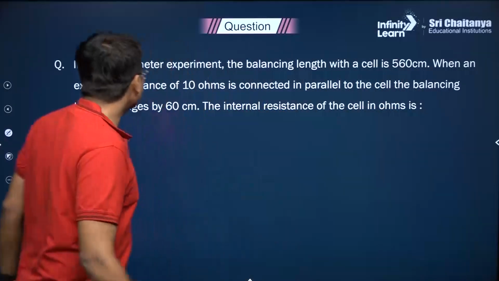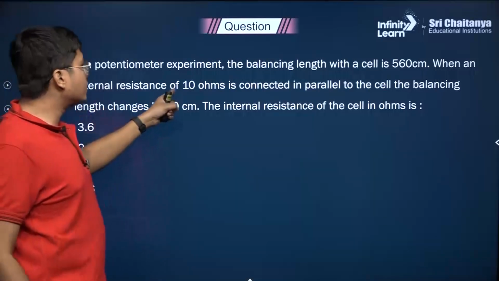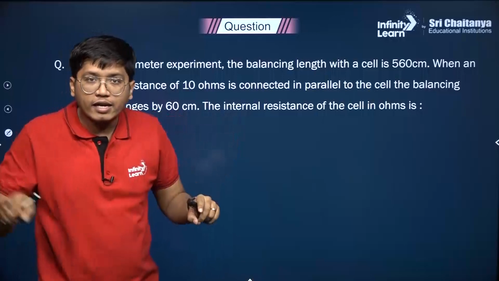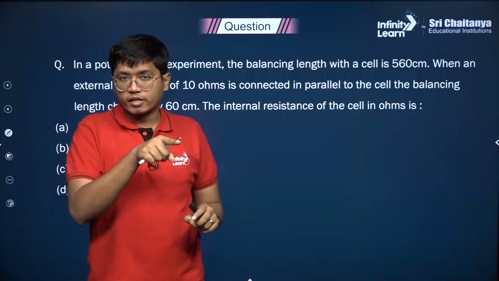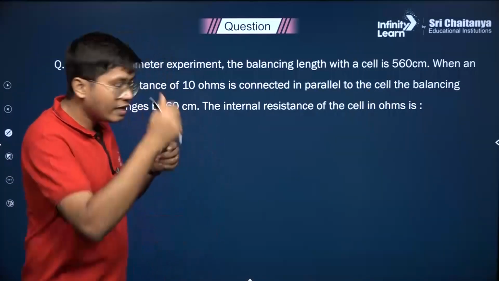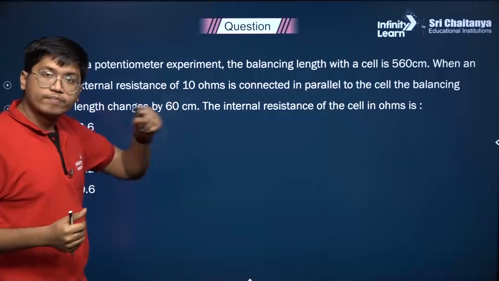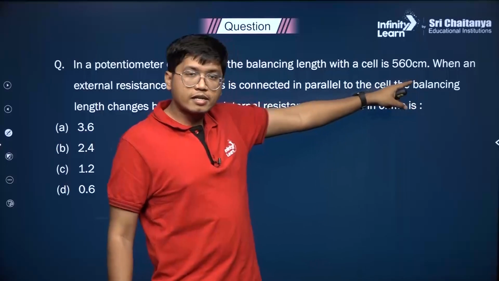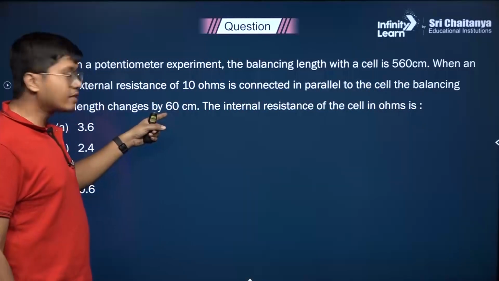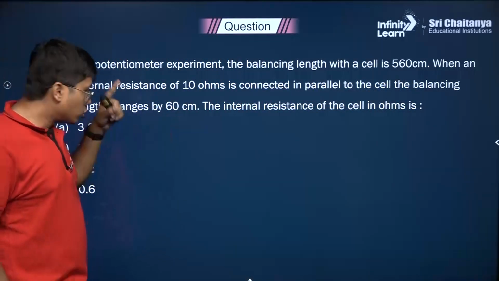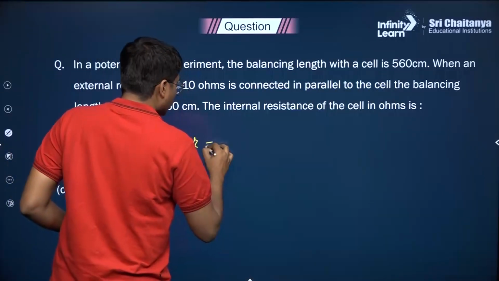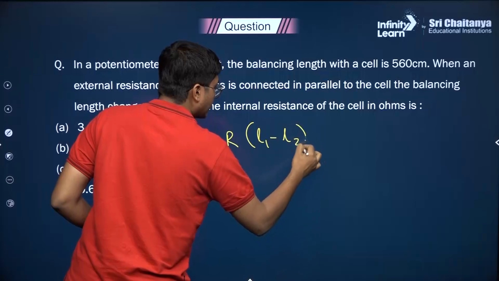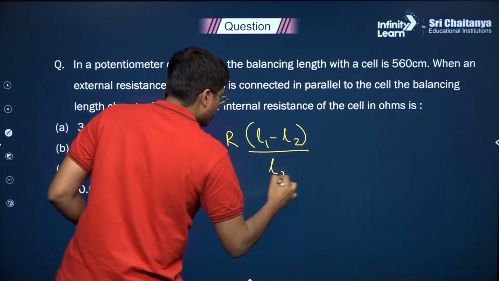In the next case, what we do is we attach an external resistance of 10 ohms. So this is the second case where you let a current flow in the lower part of the circuit, ensuring that you have that E by V. Here what you'll measure is the terminal voltage. So we have the two lengths, 560 centimeter and 60 centimeter less, that is 500 centimeter. So we can use the relation small r is equal to capital R (L1 minus L2) divided by L2.